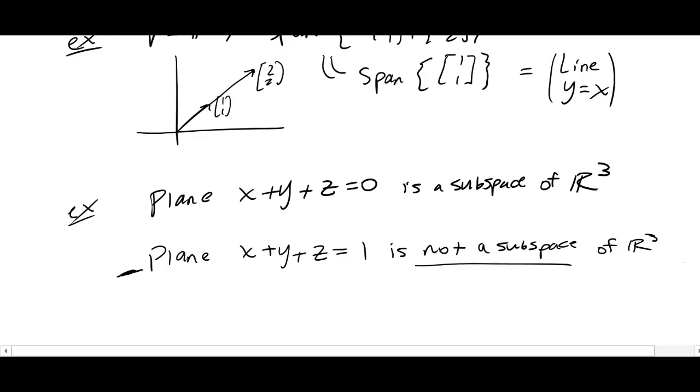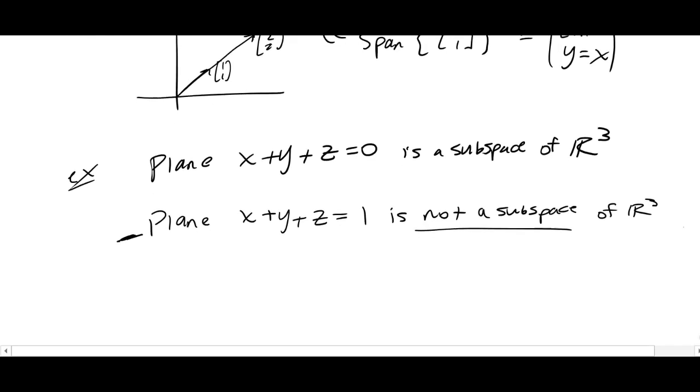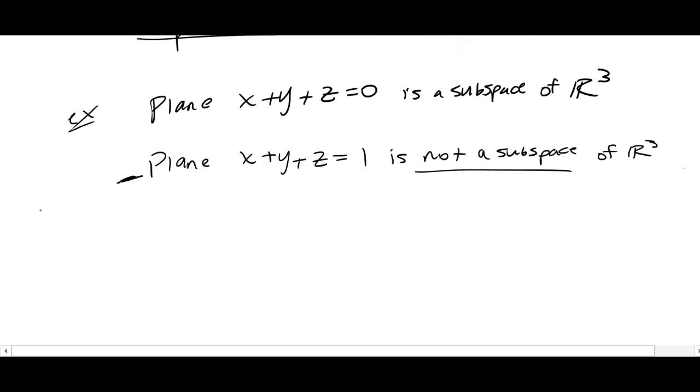So let me summarize a couple of facts. Any line through the origin is a subspace. Any plane through the origin is a subspace.